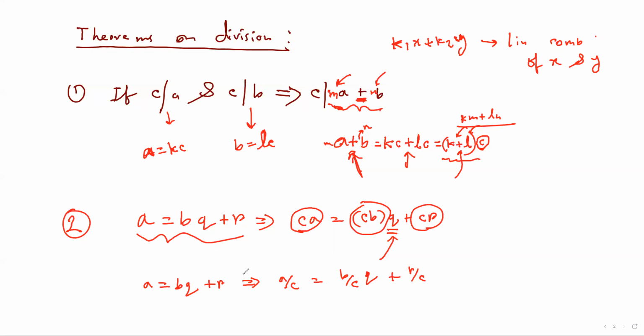That is, if R is the remainder when A is divided by B, then R by C should be the remainder when A by C is divided by B by C. For this to hold, there is a condition you should be able to understand already: C must divide A and C must divide B, because otherwise A by C and B by C were not going to be both integers, and in that case, it wouldn't make any sense.